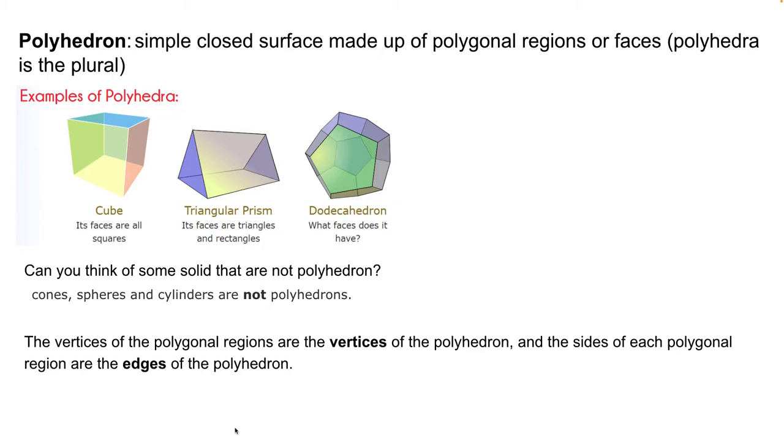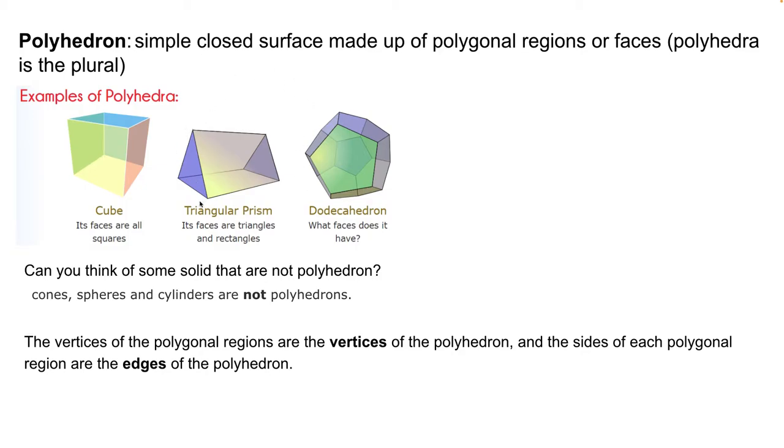The vertices of the polygonal regions are the vertices of the polyhedron, and the sides of each polygonal region are the edges of the polyhedron, right? So when you're looking at this example here, we can see all the vertices in the polygonal regions, the triangle vertices and the vertices of this rectangle, they are also vertices of the polyhedron, right?